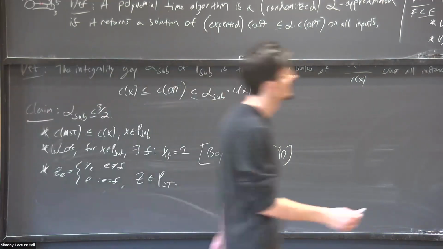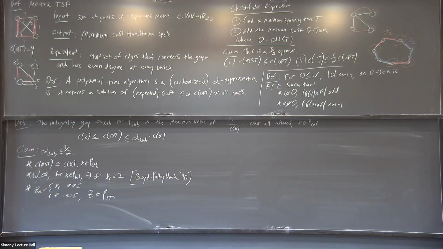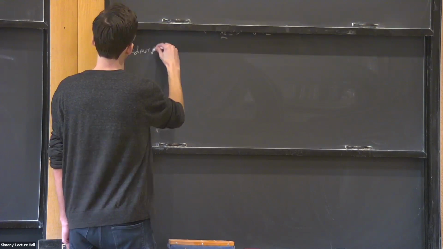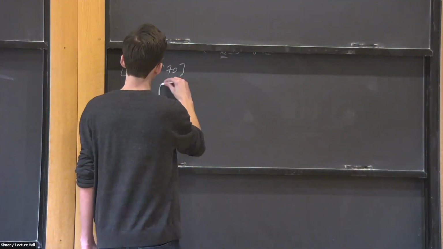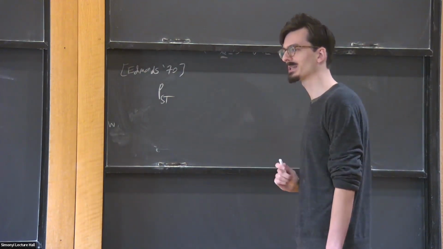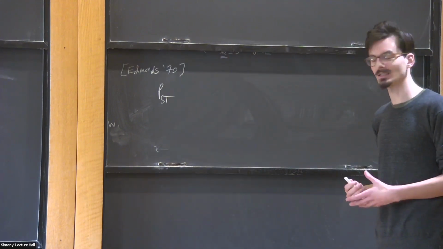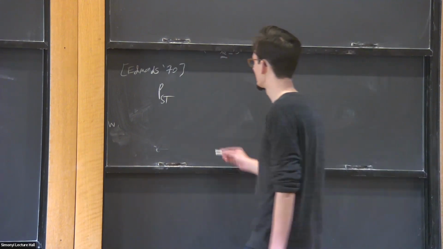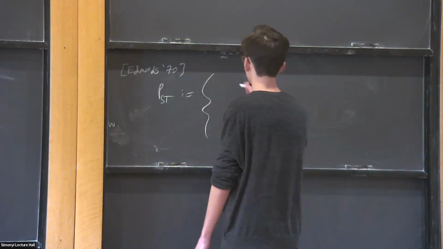So let's go to our polytope board. This was proved by Edmonds, 1970. So PST is actually the convex hull of the indicator vectors of integral spanning trees. And Edmonds proved that this polytope has a nice formulation.